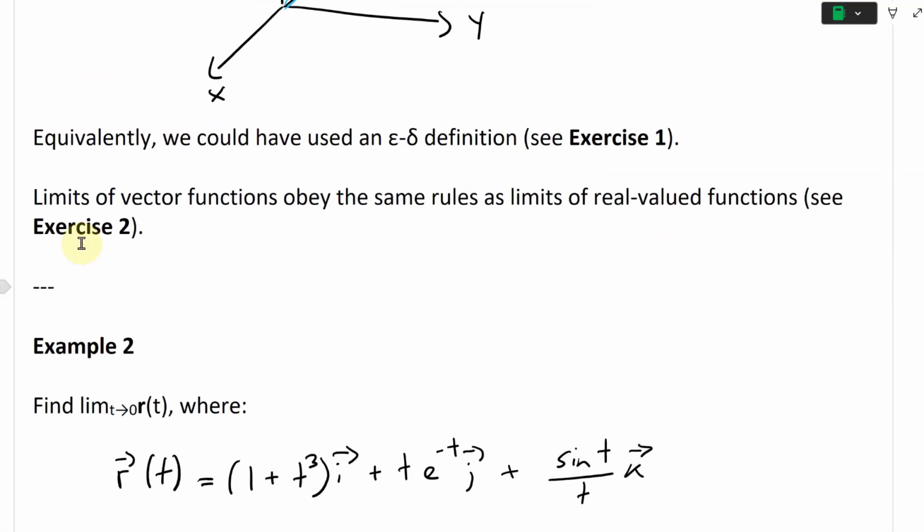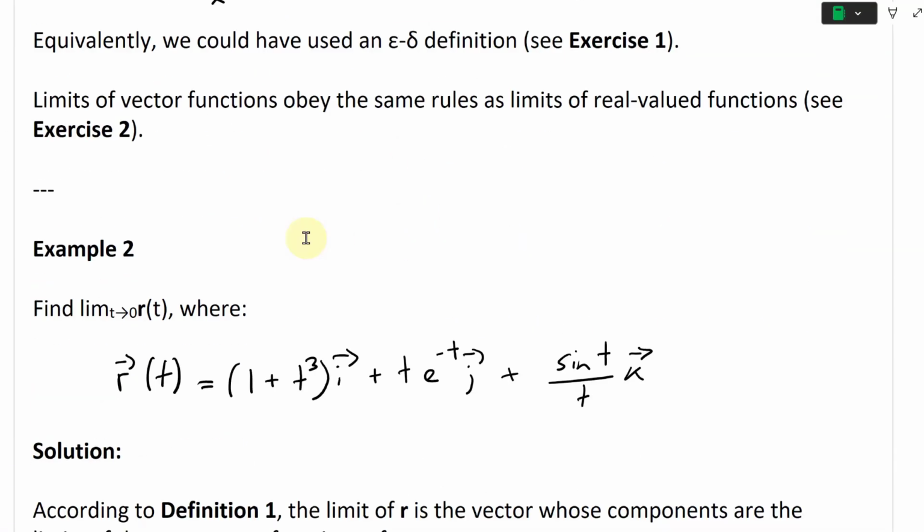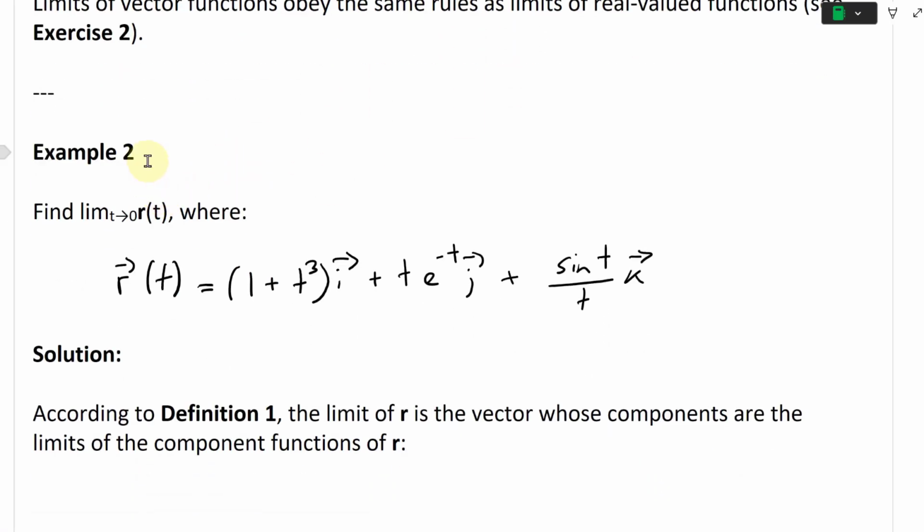Going further, limits of vector functions obey the same rules as limits of real valued functions. See exercise 2, where we'll go over the properties of vector functions. Anyways, continuing further, example 2.